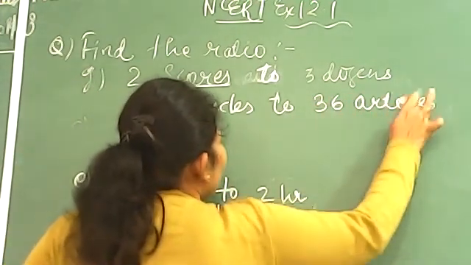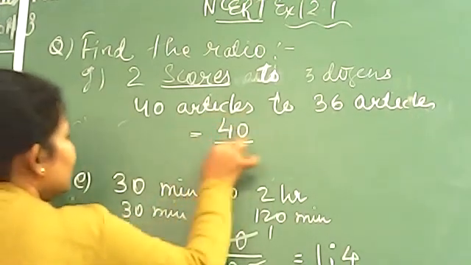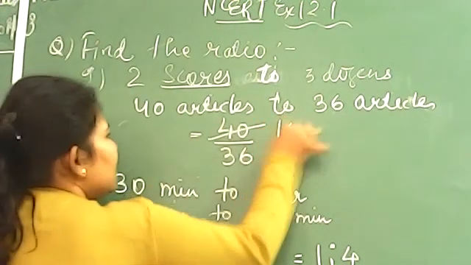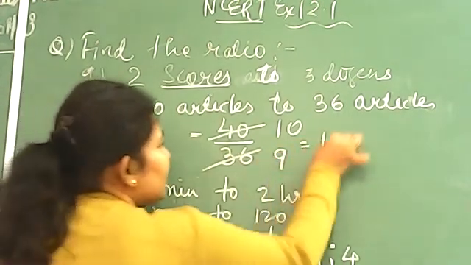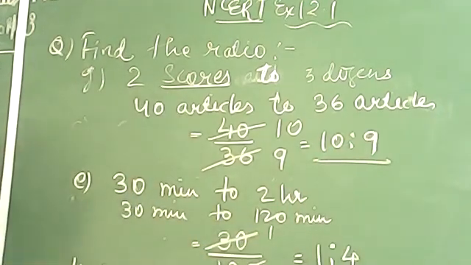Article means you can have any object here. Now the ratio is 40 by 36. Again the table of 4. Here 4 tens are 40 and 4 nines are 36. 10:9 would be the right answer for this particular question. That's all for today.